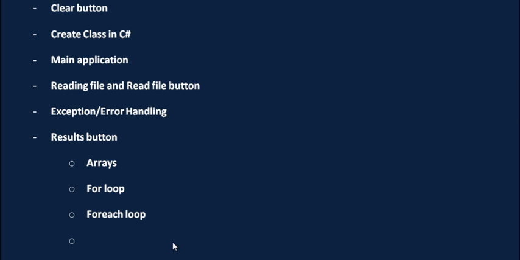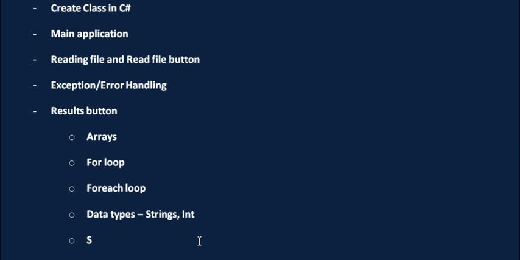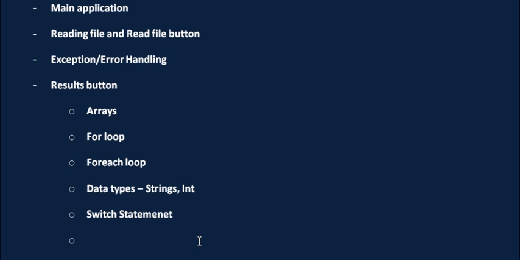So we'll talk about data types, which will include strings, obviously dynamic, and we'll also talk about primitive data types such as int. We'll just cover int. I think this is all we're going to be needing. So int and strings. We'll also cover the switch statement and if condition. So there are some basic concepts in programming that will be covered while we're learning C#, and you will see how we implement it in C#.